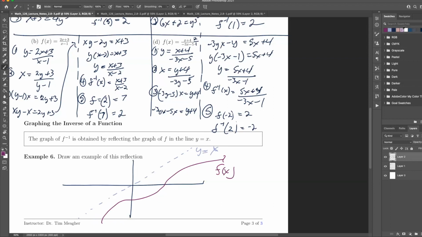My inverse, which I'll do in this orange, is just a reflection across this line, so it comes out, it comes back in, it goes back out. So if it was here, it'd be here. If it was this distance, it'd be this distance. All right. Well, that's the end of the inverse section. I'll let you copy that.